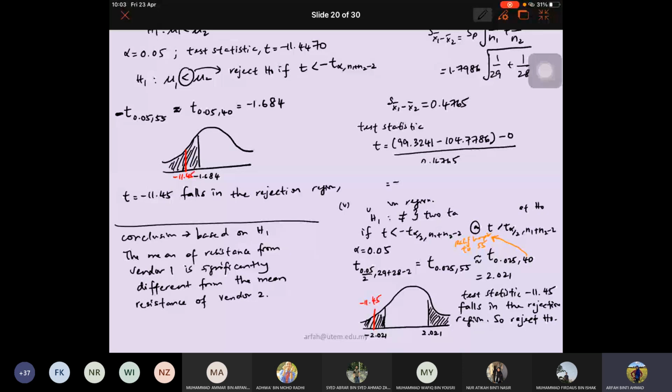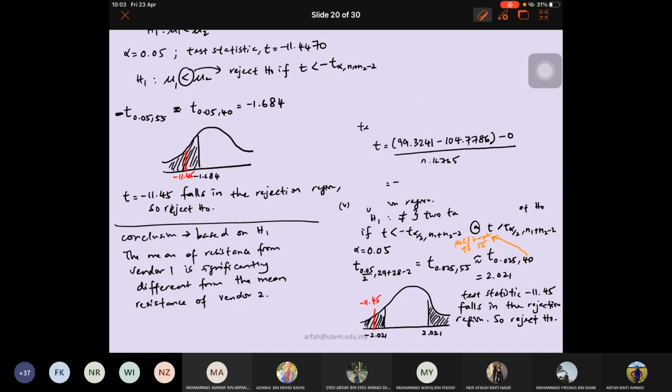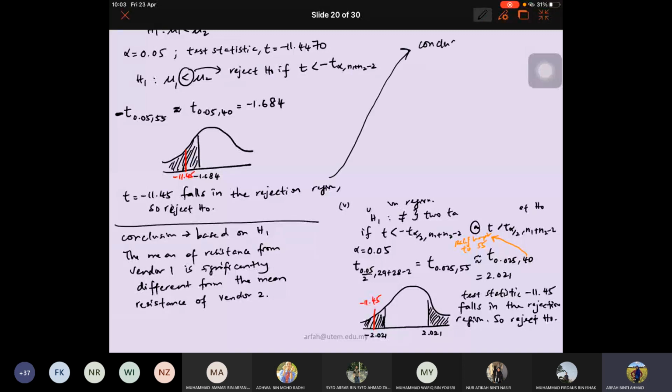So reject H0. Reject H0 meaning that which vendor will we choose? Vendor 1 or vendor 2? Which one do we pick? Vendor 1 or vendor 2? Conclusion. Conclusion will be based on H1.